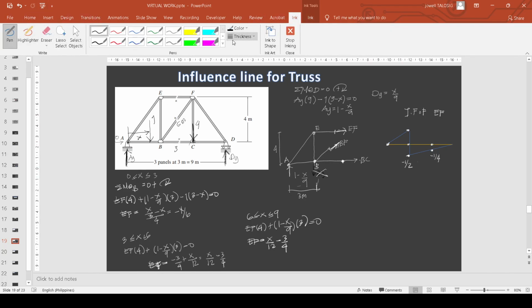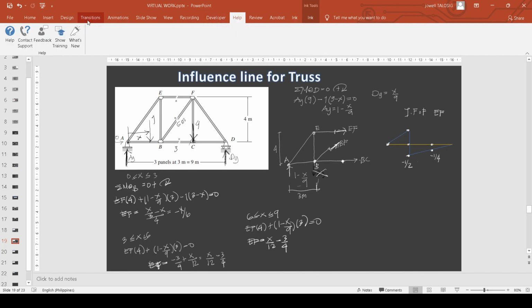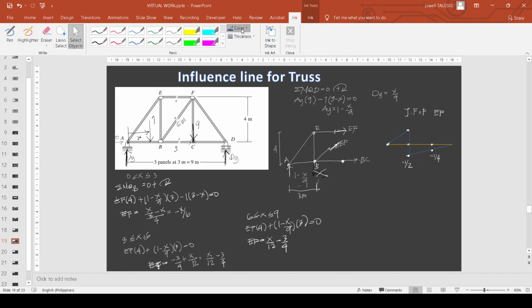Let's ink it, no? So, 1 half. So, pagdating dito, okay, yung 1 natin, bago mag-B, okay, just write B, so 1 half.